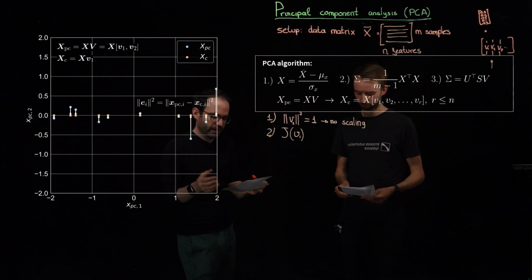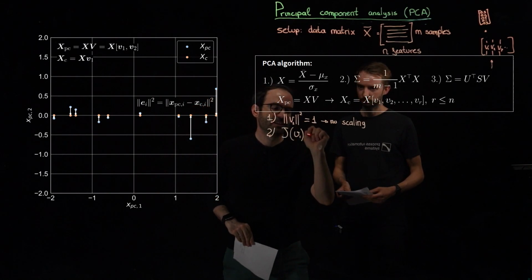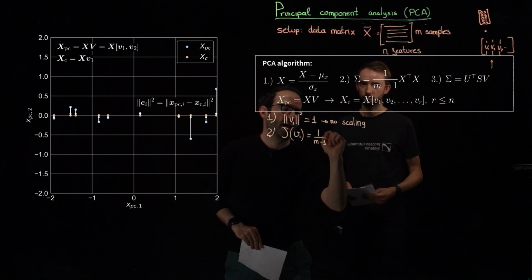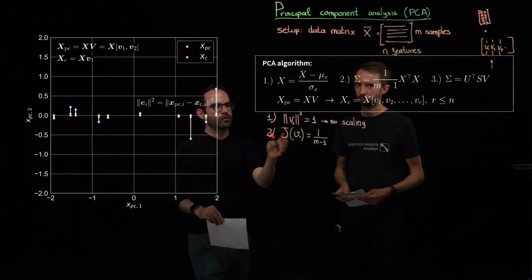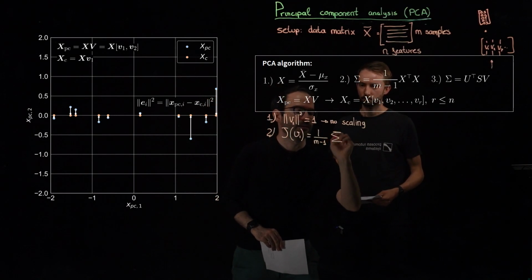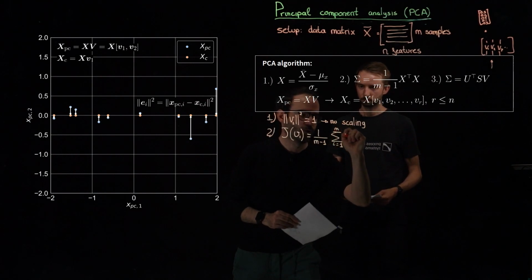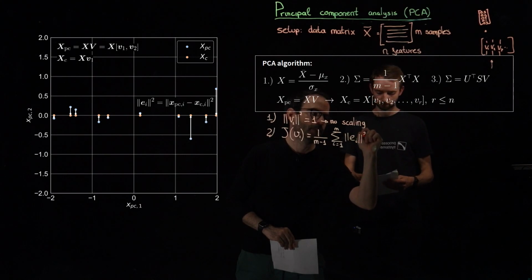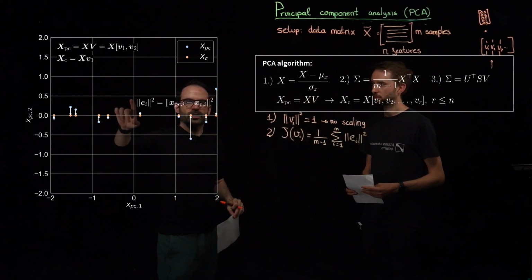We call it J. What we want to minimize is the average sum of errors over all data points, the square norm of the errors that we have obtained here.